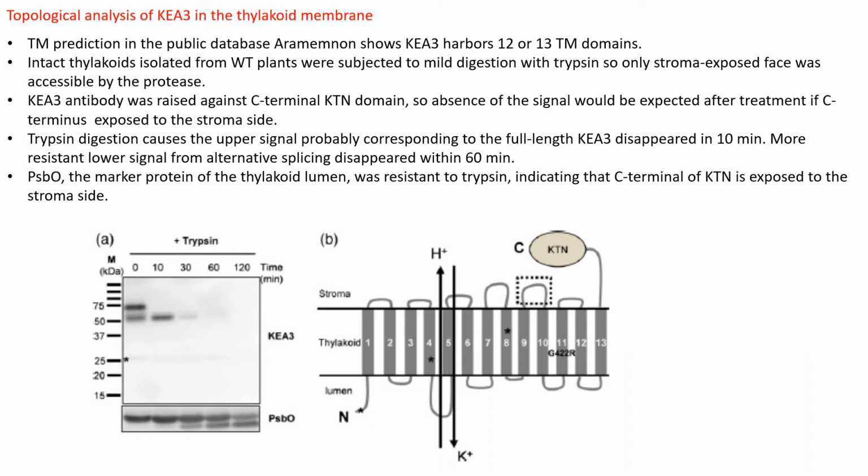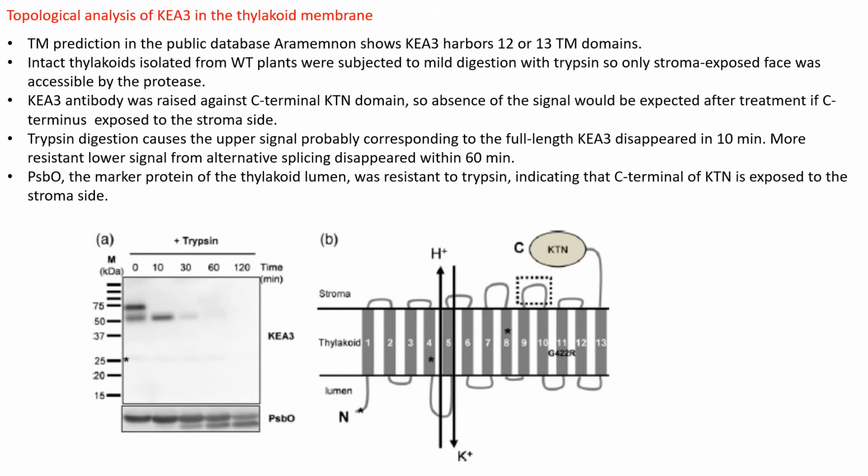If we compare these bands with respect to the marker used for this experiment, PSBO, which is a marker for the thylakoid lumen, we can see that KEA3 was not detected due to the digestion of the KTN domain that was exposed on the stromal side.